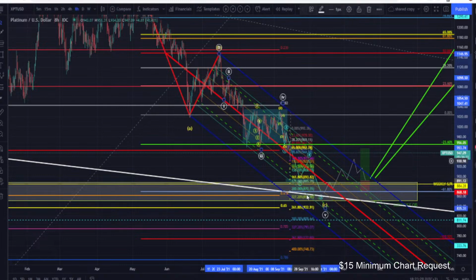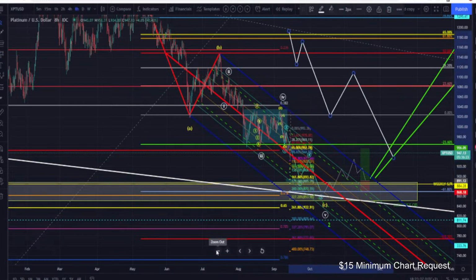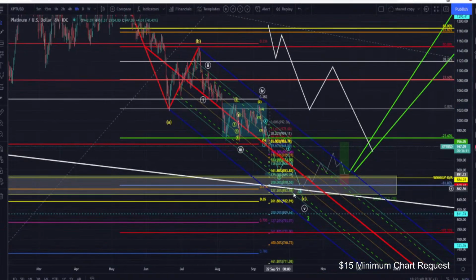So here's the 5. So this would be 1, 2, 3, 4, 5, right? Which works. 4 bigger than the 2, but essentially it's just the complexity here. The 2 is a little, again, Elliott's not perfect, but we can make that work. 3, 4, 5. So you're down here waiting. Now, note he's not looking to buy just to pick the turn.